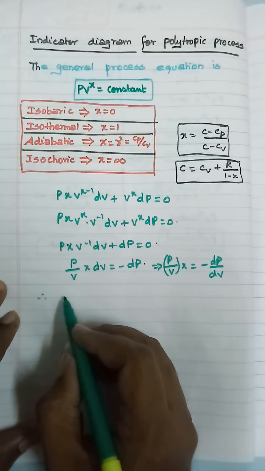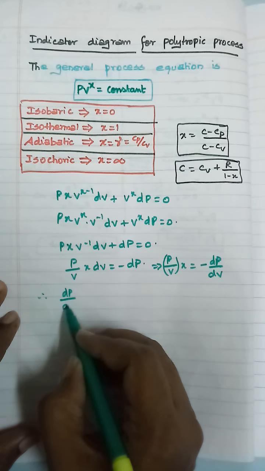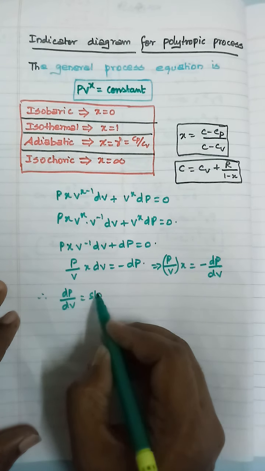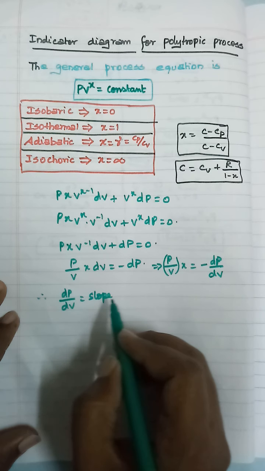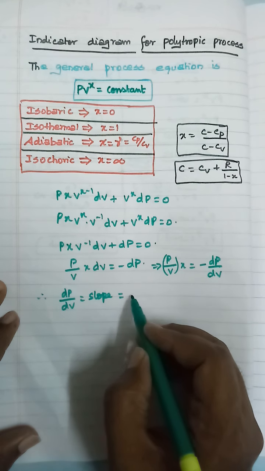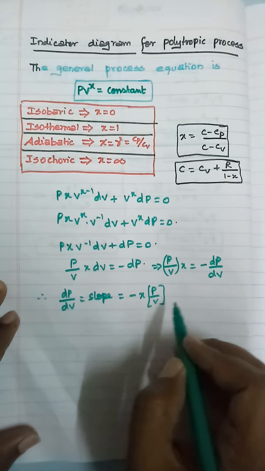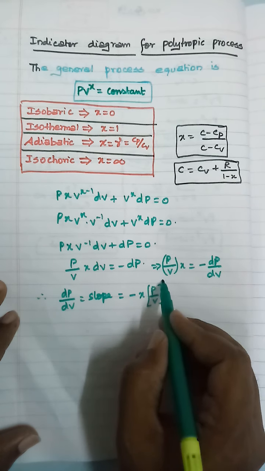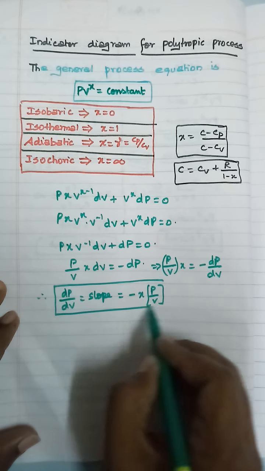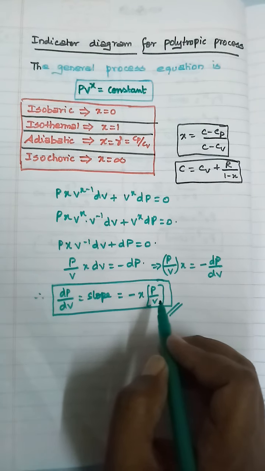Simply, we can write dP/dV, which is the slope in a PV diagram, as equal to −x P/V. This is a very important relation.